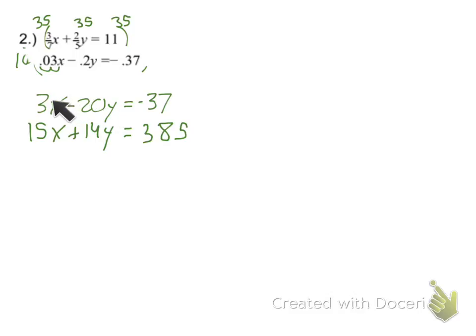Or is 3 divisible by 20? Well, is 37? No. So none of these are going to be a good option to make nice numbers. Is 385 divisible by 15? Probably. Possibly. What about 14? Possibly, but they definitely are not divisible into each other, are they? No. So you're going to be left with some ugly looking fraction that you're going to have to substitute and deal with. I think using elimination might be your best option.